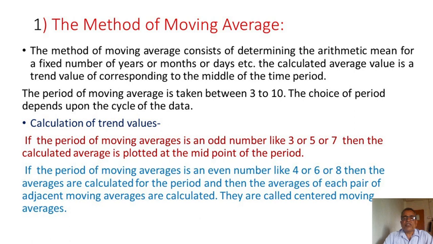Suppose a 4 period is given, then we take the summation of the 4 values and it is placed between the second and third year, and similarly for the next. Then again we take the sum of the values of 2 years, and it is placed at the middle of these 2 years. So they are called centered moving averages.